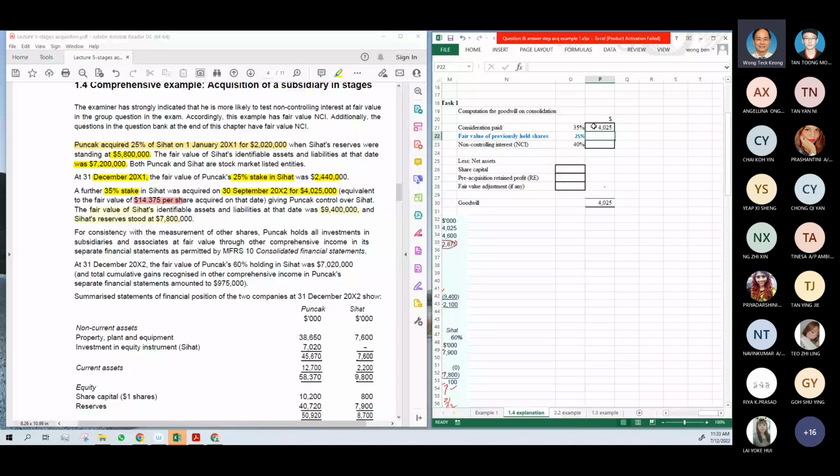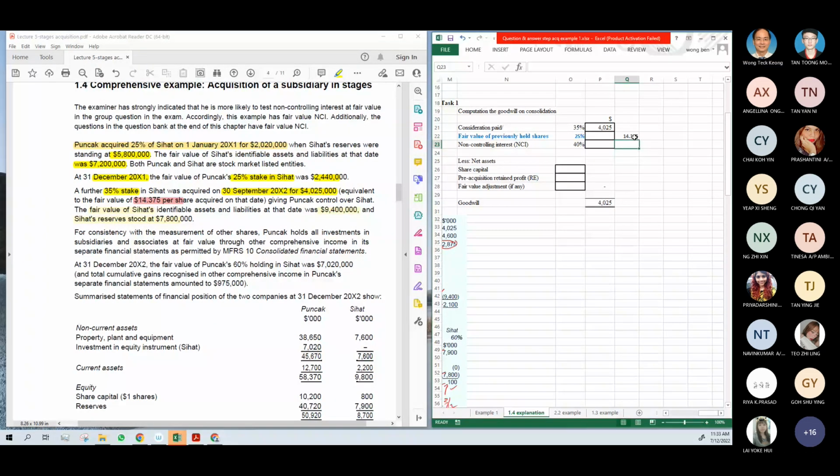So now you find out previously held share 25% how much, NCI how much, and the share capital. Okay, they said the fair value is 14,375. Now you can find out the previously held share fair value.